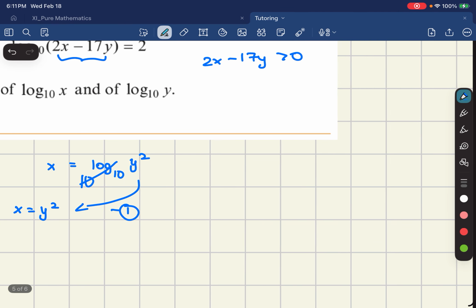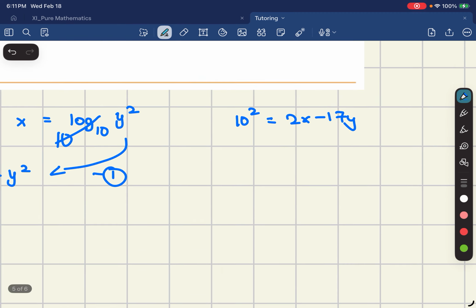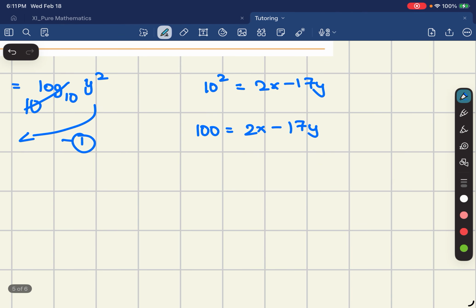That is equation 1. And my second equation tells me that 10 squared is equal to 2x minus 17y. So that's 100 is equal to 2x minus 17y. And x is equal to y squared. So 100 is 2y squared minus 17y.